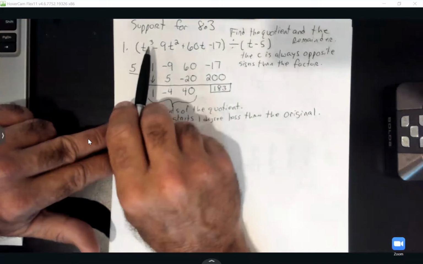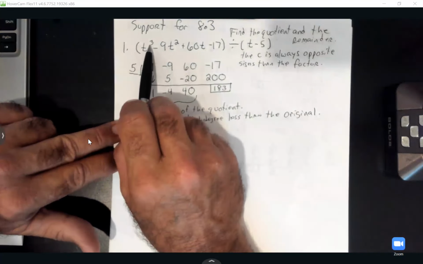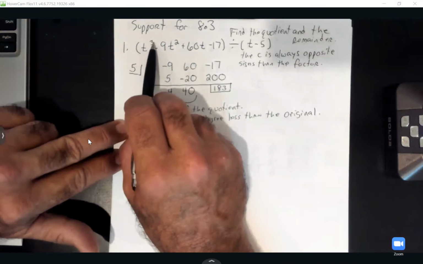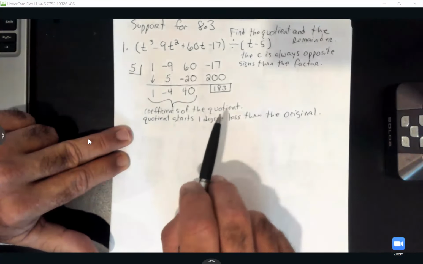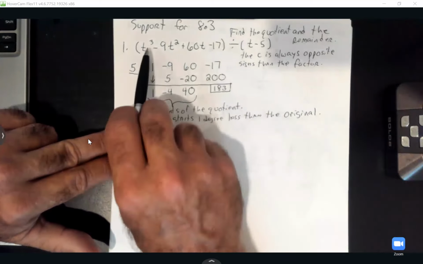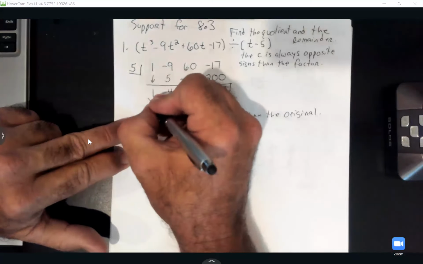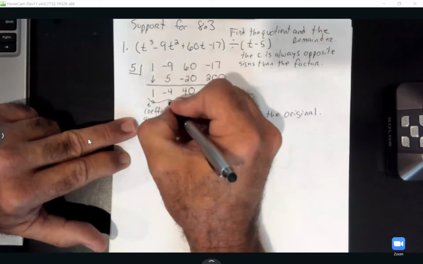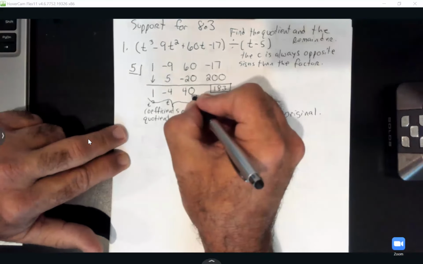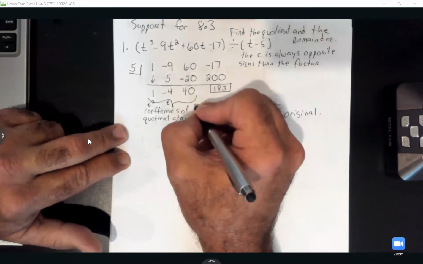So what that means, my original degree was a 3 on my original polynomial. So this is telling me that my quotient here is going to start 1 degree less. So if that's a t cubed, that means this is my t squared spot. The negative 4 will be where my t is. And then the 40 will be the number at the end.